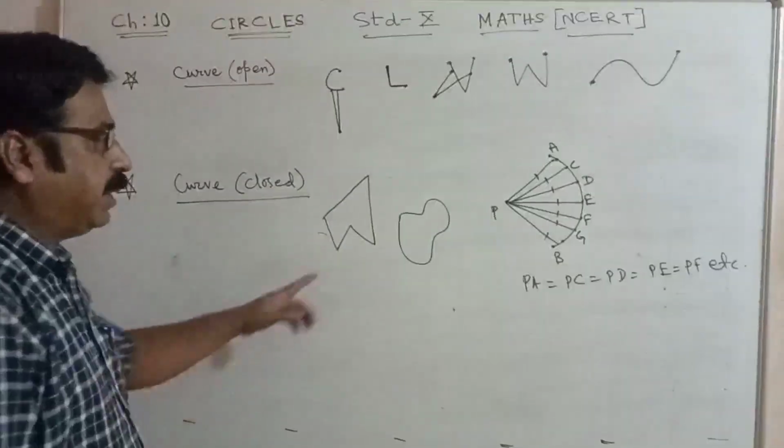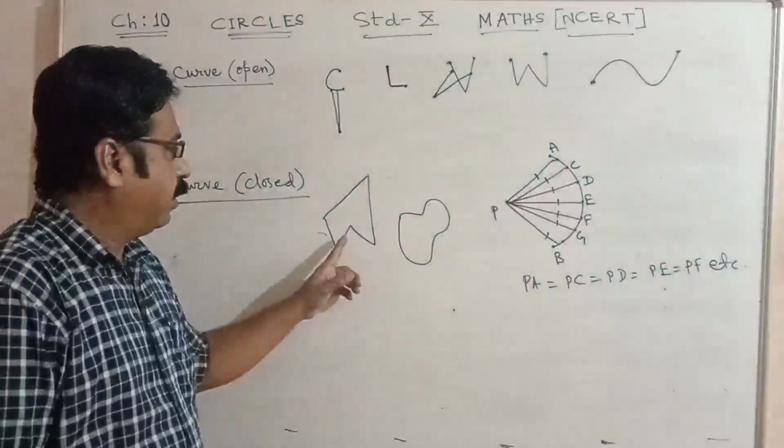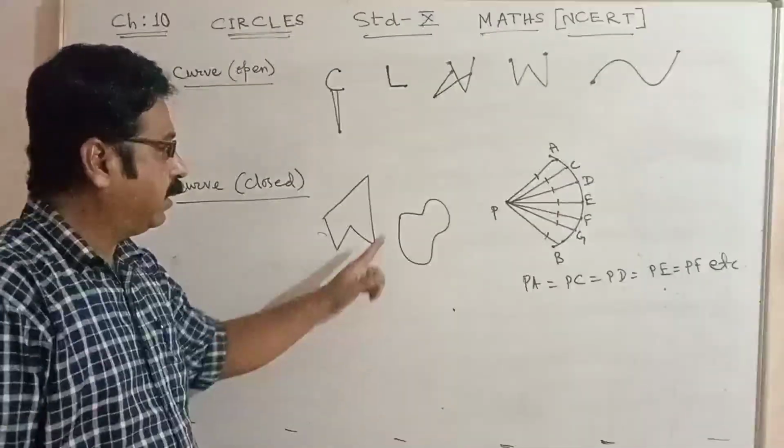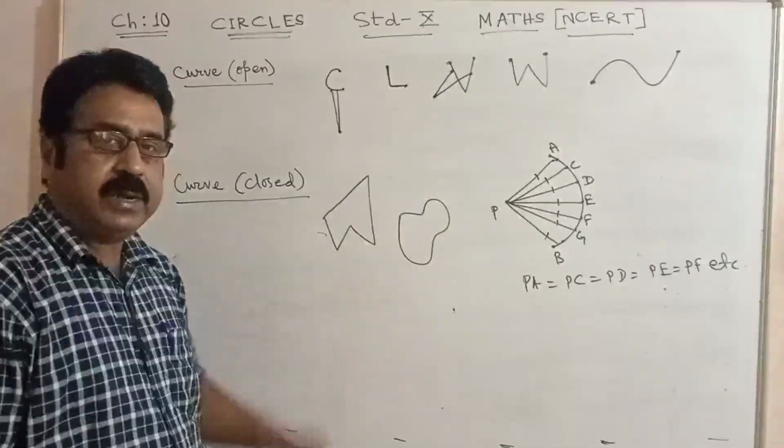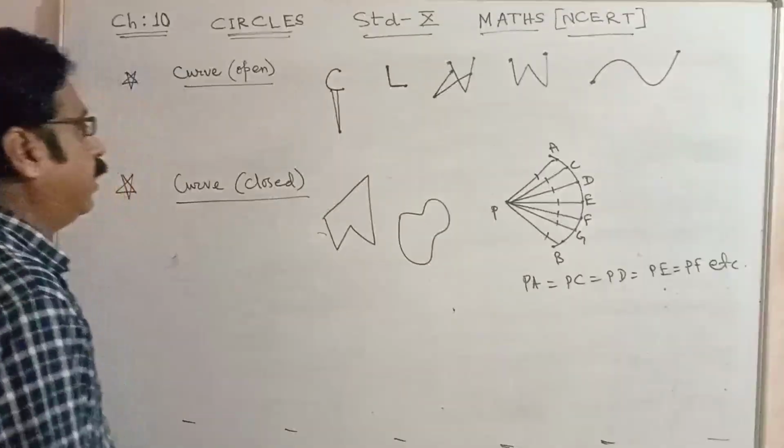Like this, different curves we can draw which are closed. That means you will not get any end point.